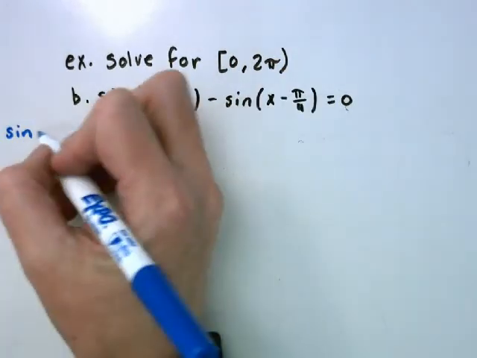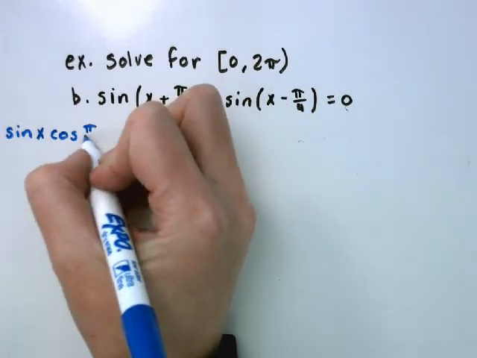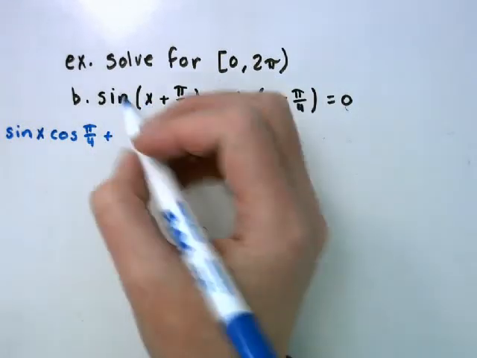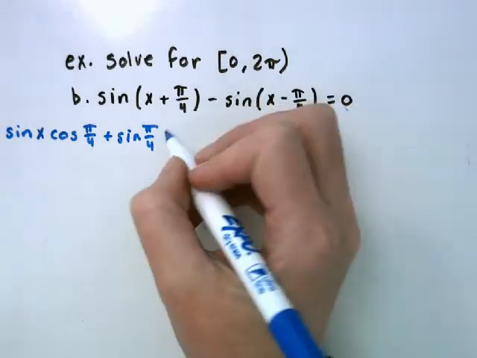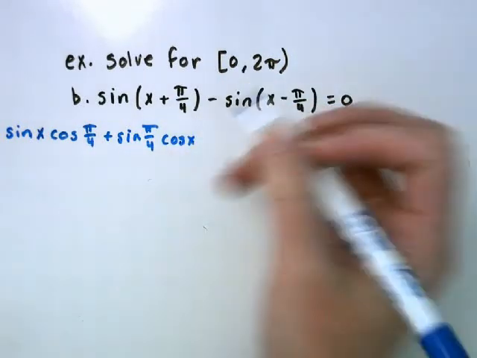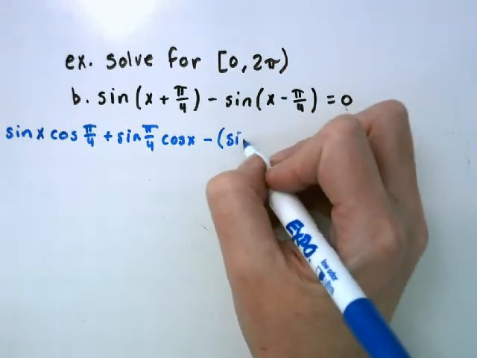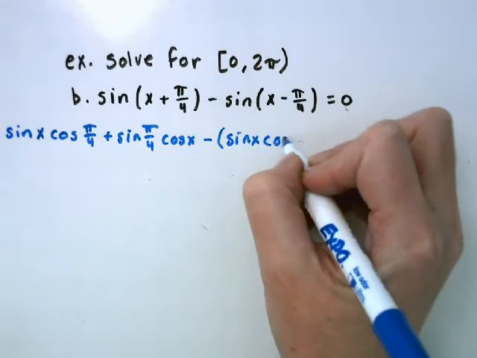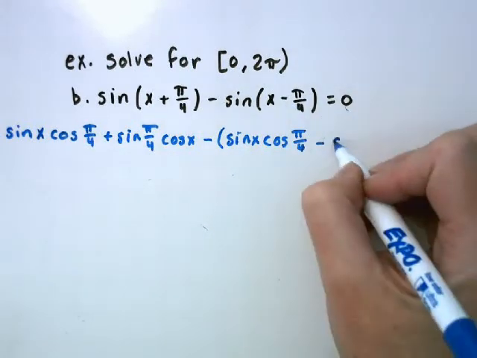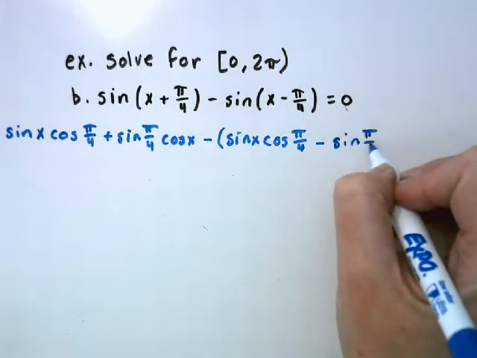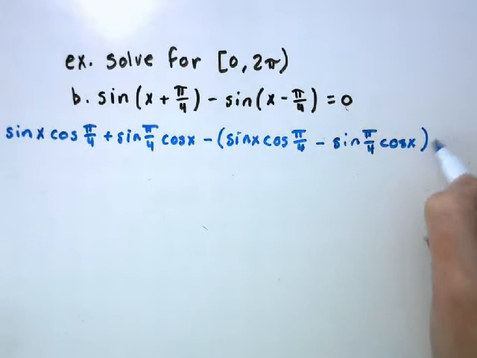So we're going to have sine of x cosine pi over 4 plus sine of pi over 4 cosine x minus sine x cosine pi over 4. If this is a minus, this is a minus. Sine pi over 4 cosine of x equals 0.